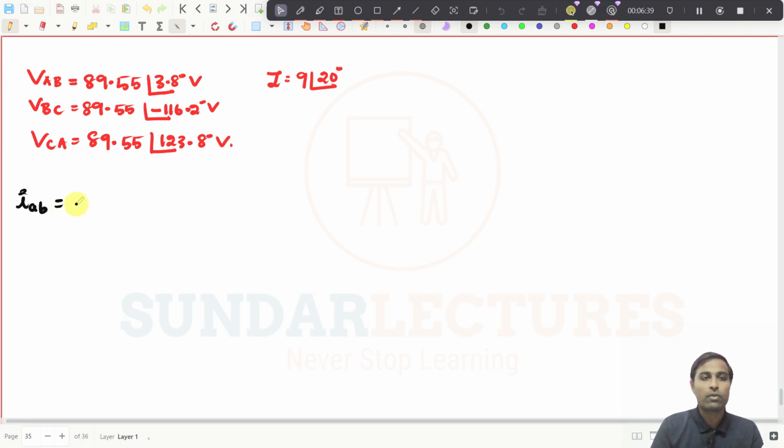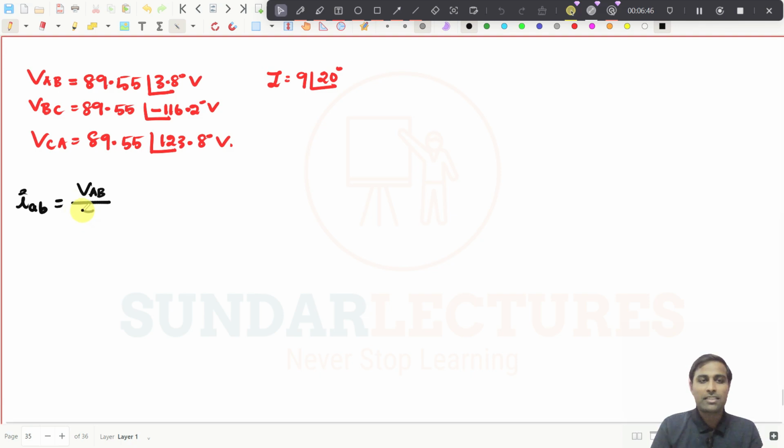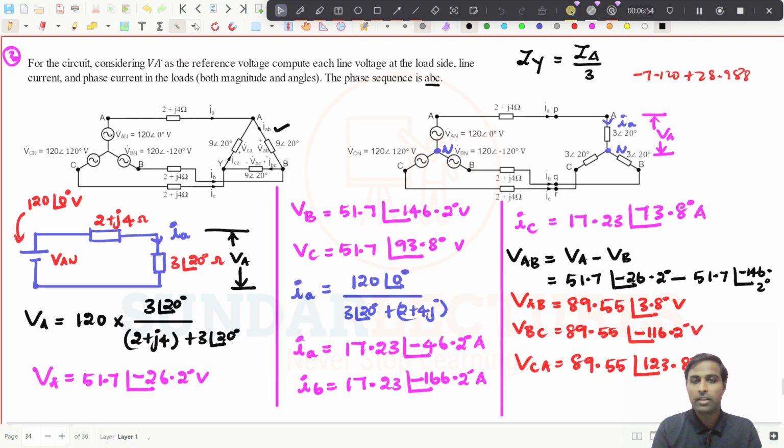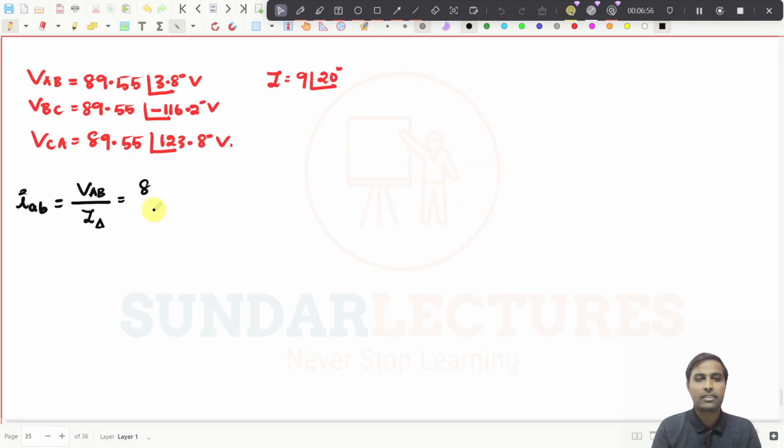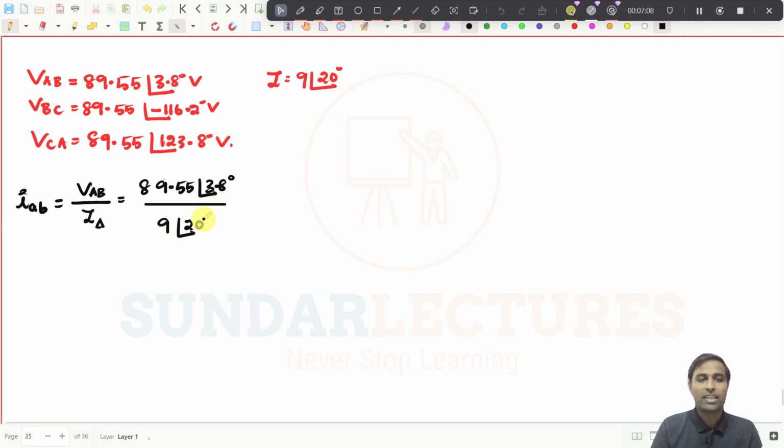So if I want to find IAB, then it will be VAB divided by the Z value, that is the delta connected Z value, and this is 89.55 at an angle of 3.88 degree, whole divided by 9 at an angle of 20 degree, right?